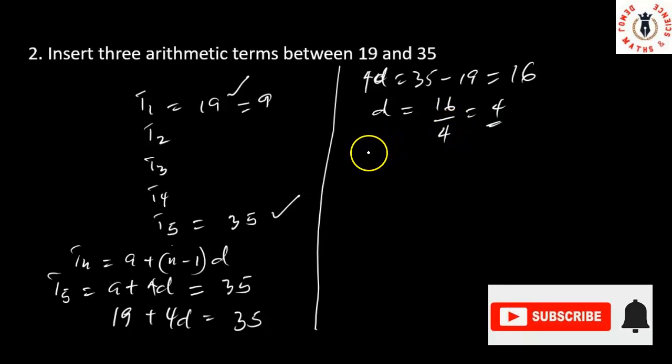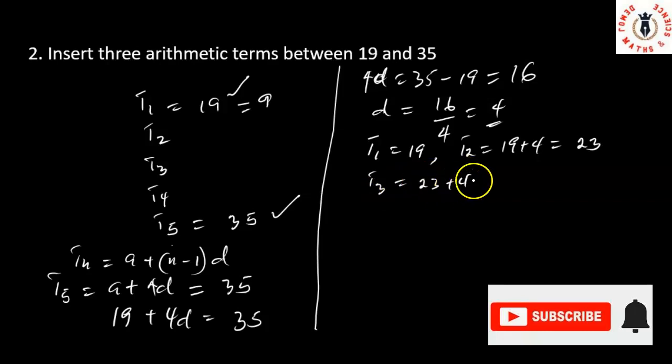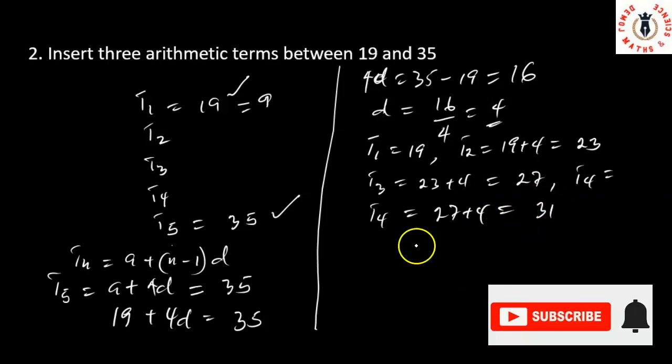If my d is equal to 4, then my t1 is given as 19, my t2 will be 19 plus 4, which is equal to 23. My t3 will be 23 plus 4, which is 27. And my t4 will be 27 plus 4, which is 31. And my t5 once again will be 31 plus 4, which is equal to 35.